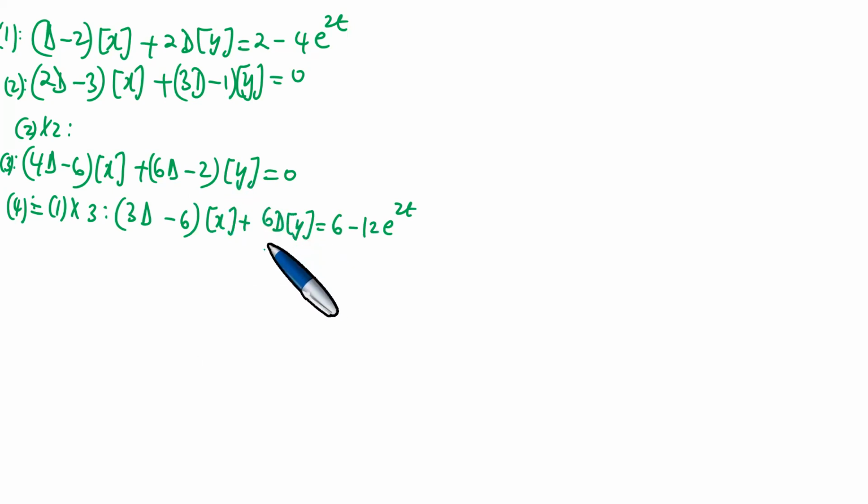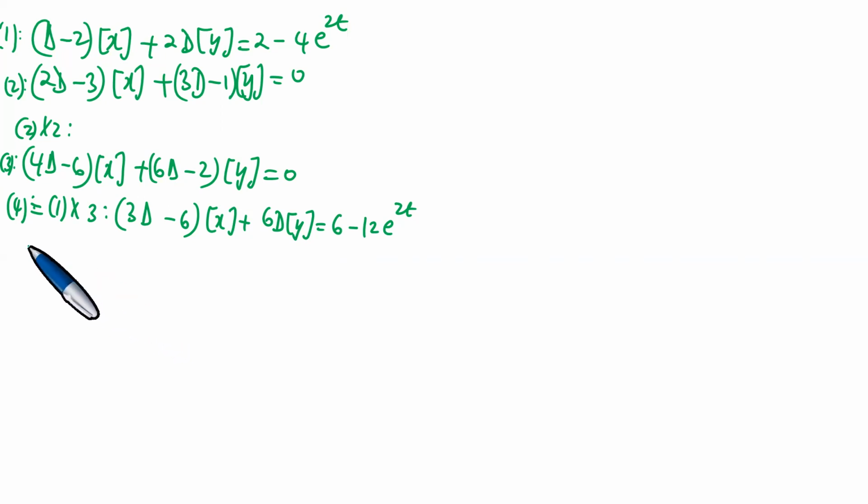So if we want to eliminate y from this, we can perform subtraction of the 2 equations. It doesn't really matter what you do. For instance, we can say the equation we got, we subtract from the first one.